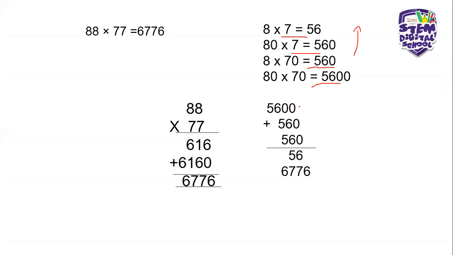And then I did 5,600 plus 560 plus 560 plus 56. Please excuse this line. It was supposed to drop.